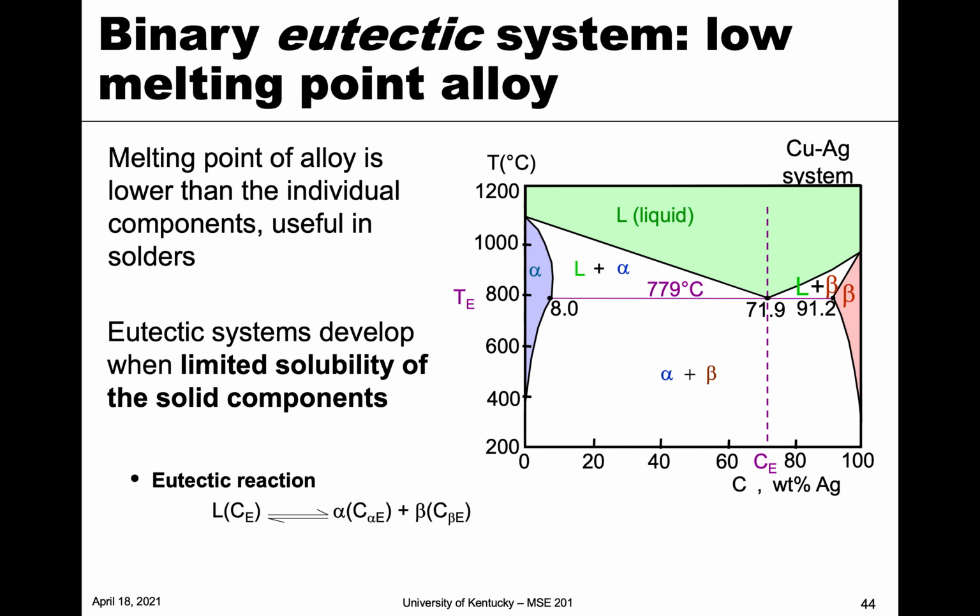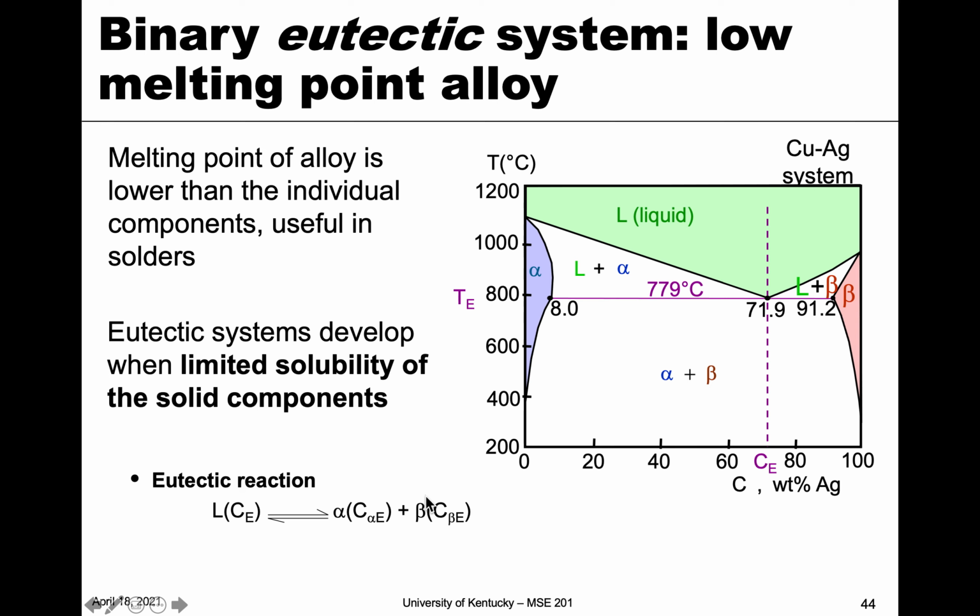And when we have these types of systems, we often talk about the eutectic reaction because you see here that the lowest melting point is at a specific composition and temperature. We can write a reaction in which a liquid goes straight to two solids.